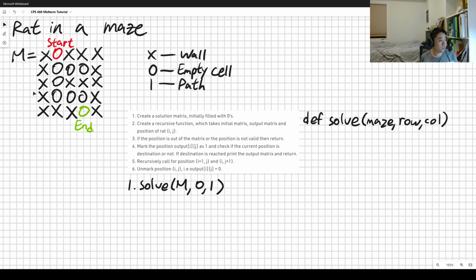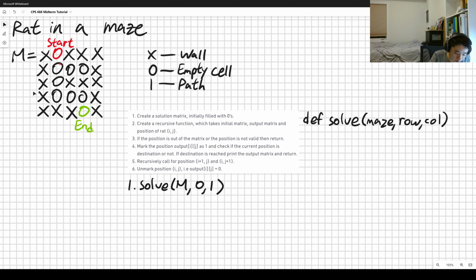So what I'm gonna do is start at M equals row 0 and column 1, so that's here. And I'm gonna look at what's to its right and then down.